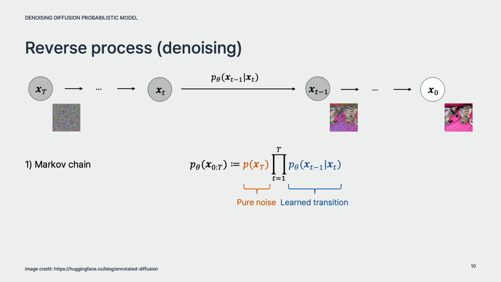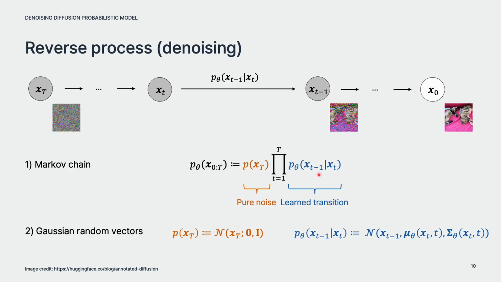And here, the Markov chain of the reverse process is divided into two parts: pure Gaussian noise at time step large T, and learned transition afterward. Notice the difference in subscript. In pure noise x large T, there is no model parameter theta, while the transition afterward is learned with the model. This learned transition is also modeled as a Gaussian. As a result, the model can learn the mean and the variance of a Gaussian instead of directly modeling the density.